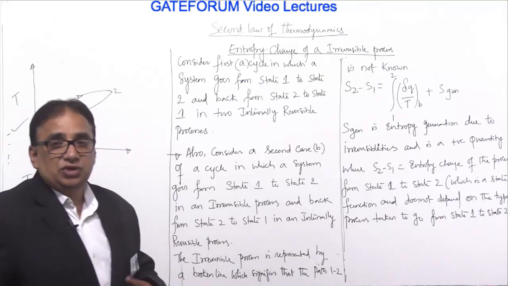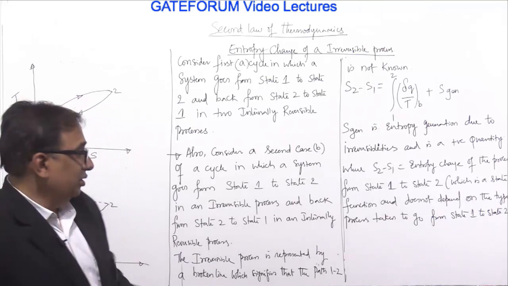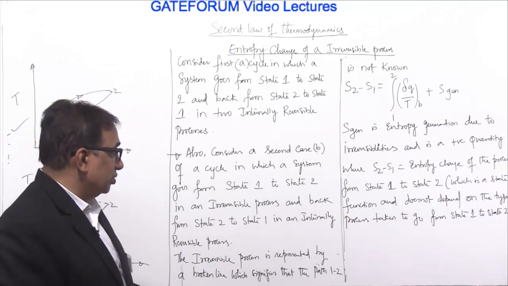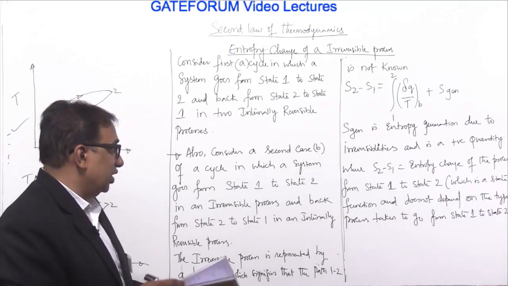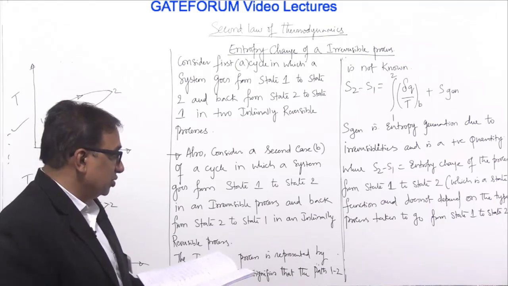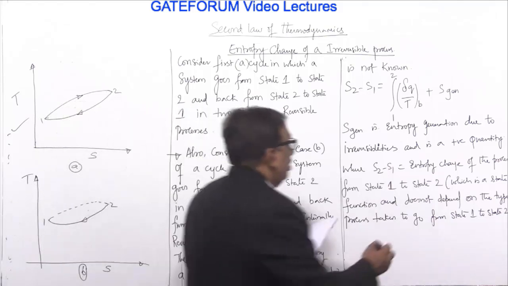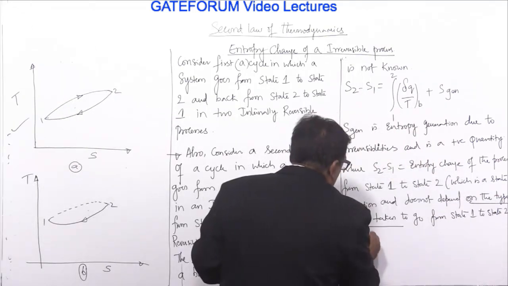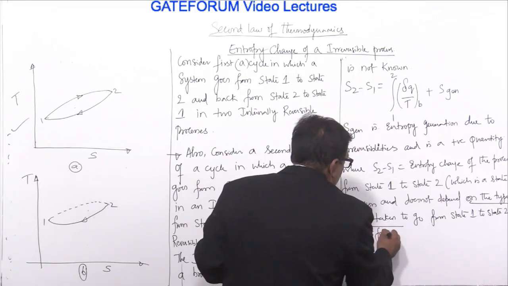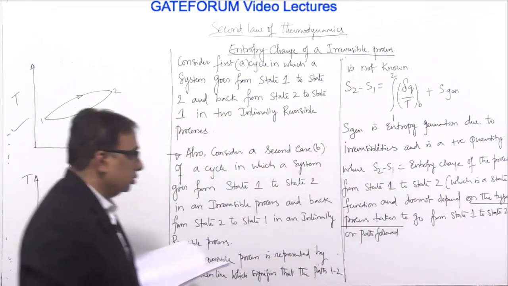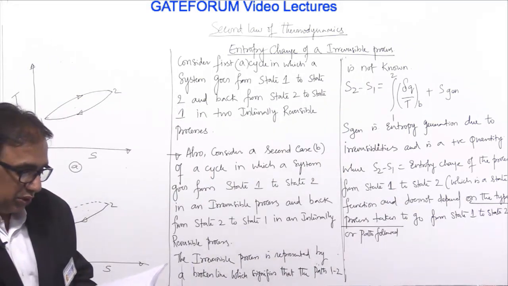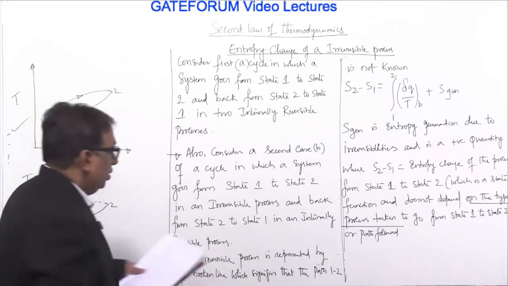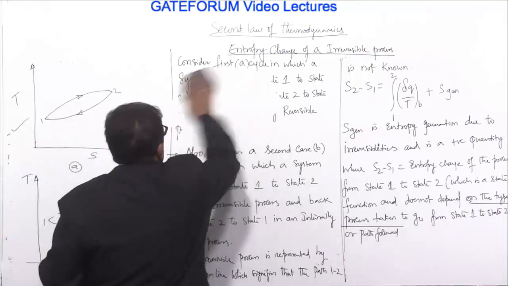They don't bother in which route you went to Delhi; finally, how you have reached Delhi is what is important. So S2 minus S1 is the entropy change of the process from state 1 to state 2, which is a state function and does not depend on the type of process or the path followed.